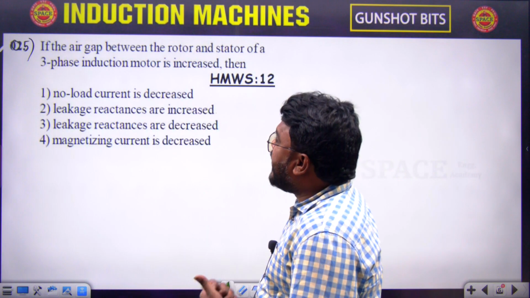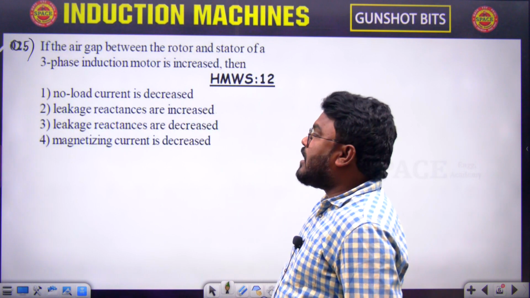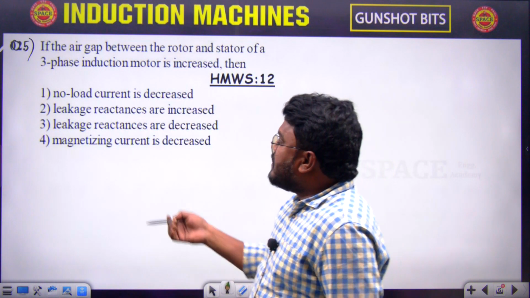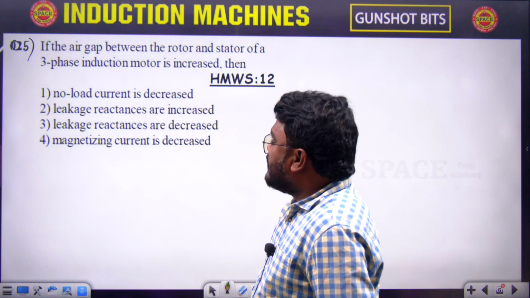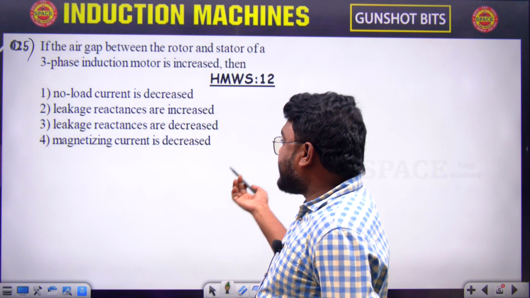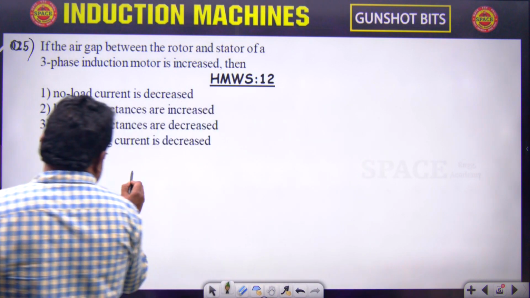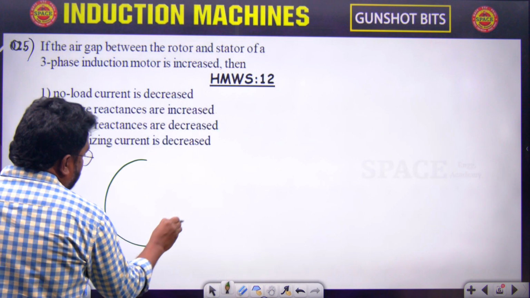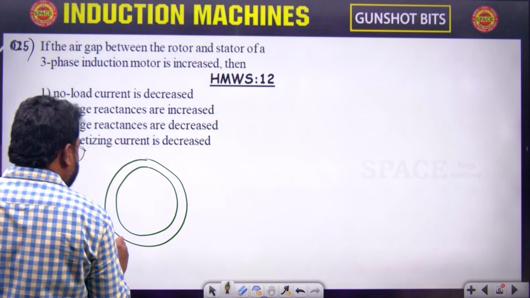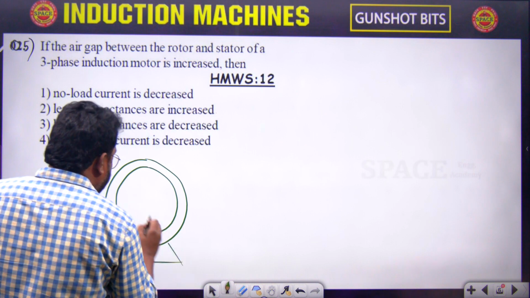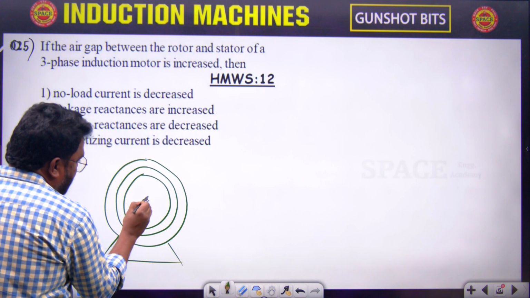If the air gap between the stator and the rotor of an induction motor increases, then the no load current decreases, leakage reactance increases, leakage reactance decreases, or magnetizing current is increased. Assume this is the stator of the induction machine, and in between there is a rotor, the shaft of the machine.